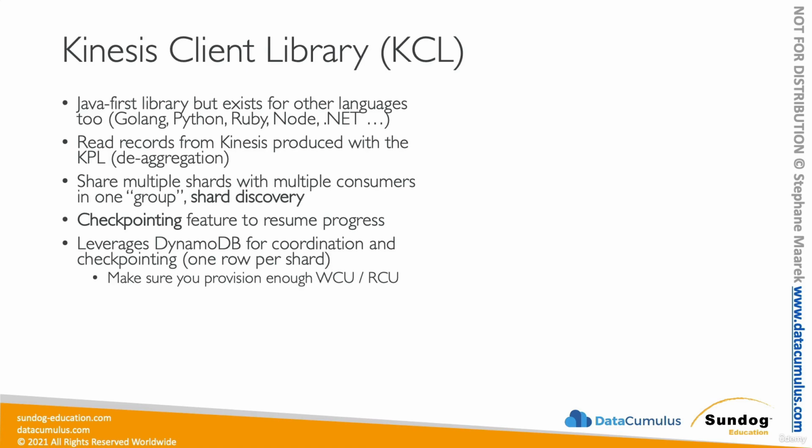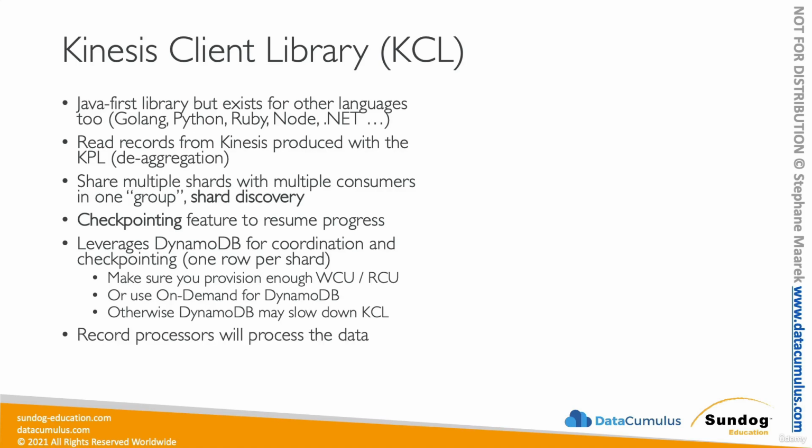That means that you need to have enough write capacity units, so WCU, and read capacity units, so RCU. Or if you just don't want to worry about it, you can use the on-demand mode for DynamoDB and not get any throttling exception. Because in case you have exceptions on your DynamoDB table, then DynamoDB will throttle and may slow down your Kinesis Client Library reading from Kinesis itself.